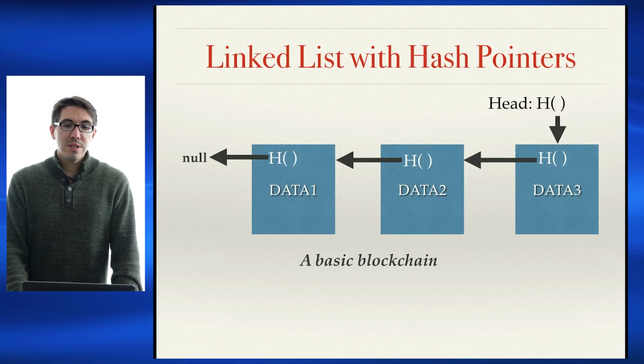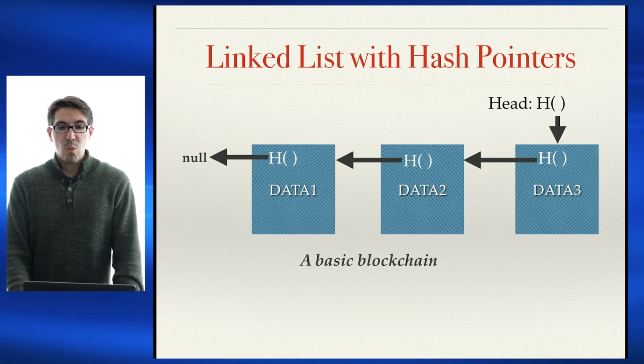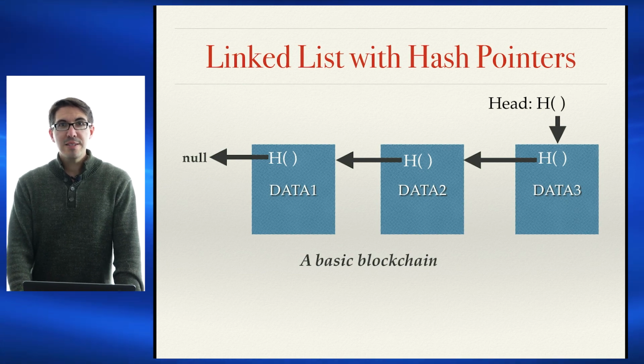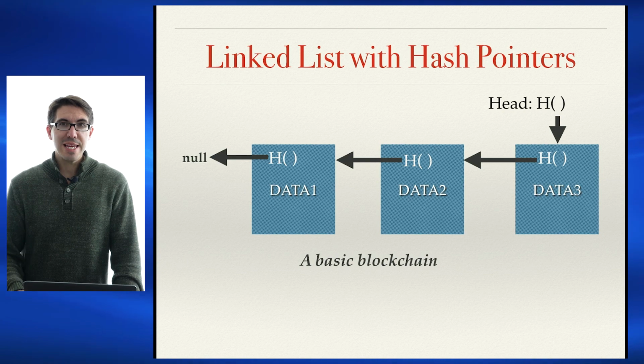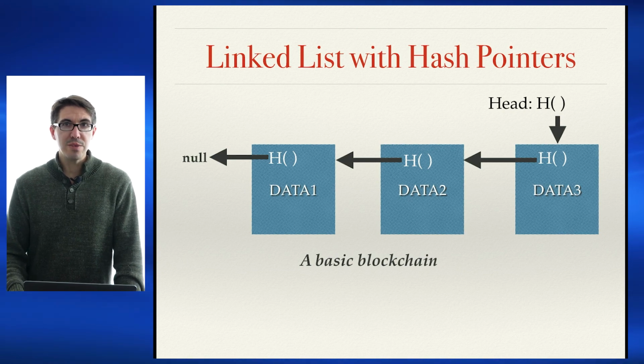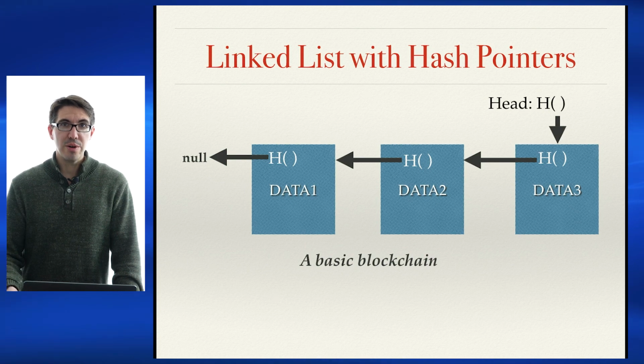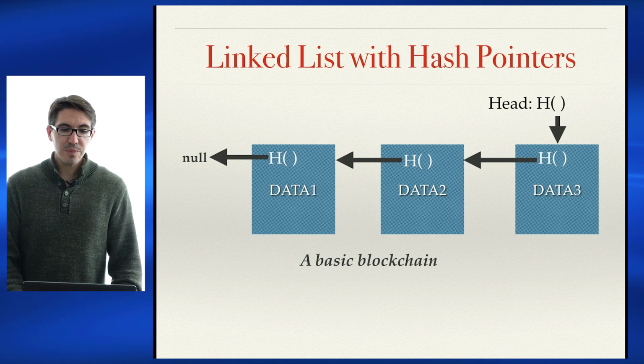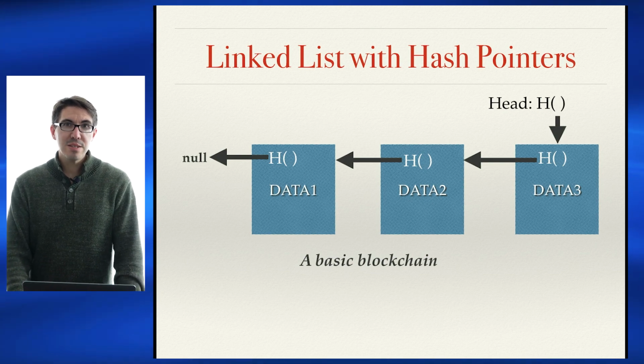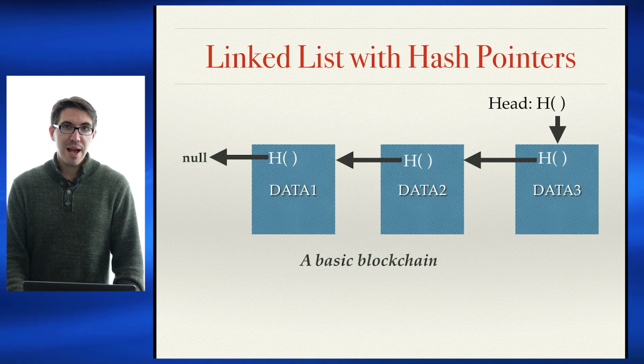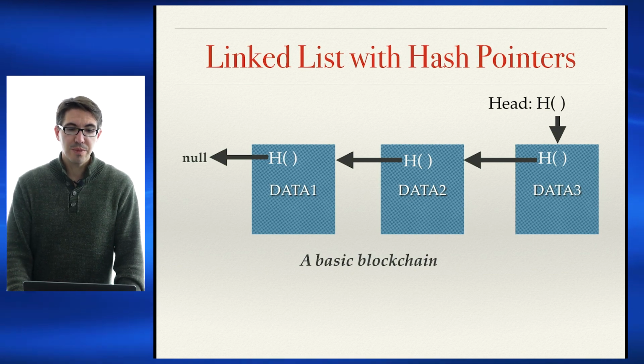One of the first data structures that you probably learned if you took a data structures class was a linked list. This is simply a list where each individual node or element of data points to another node all the way until null, indicating the end of the list. If we replace those pointers with hash pointers, we now have a basic blockchain.